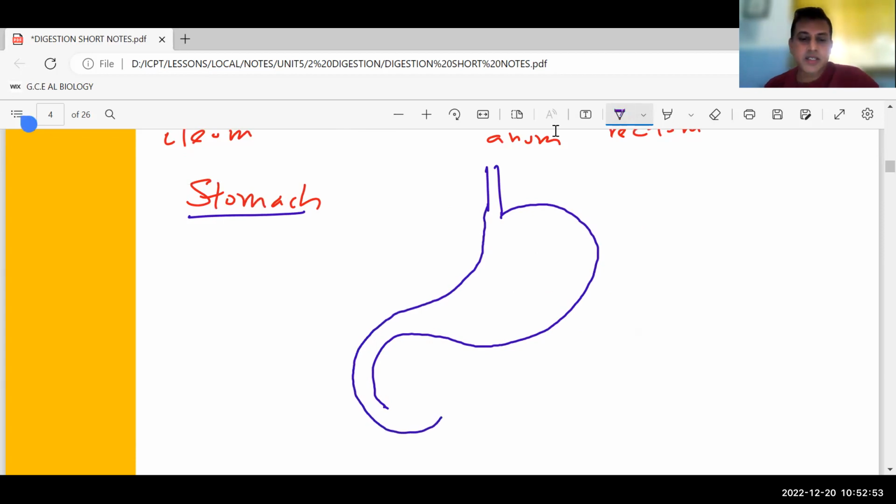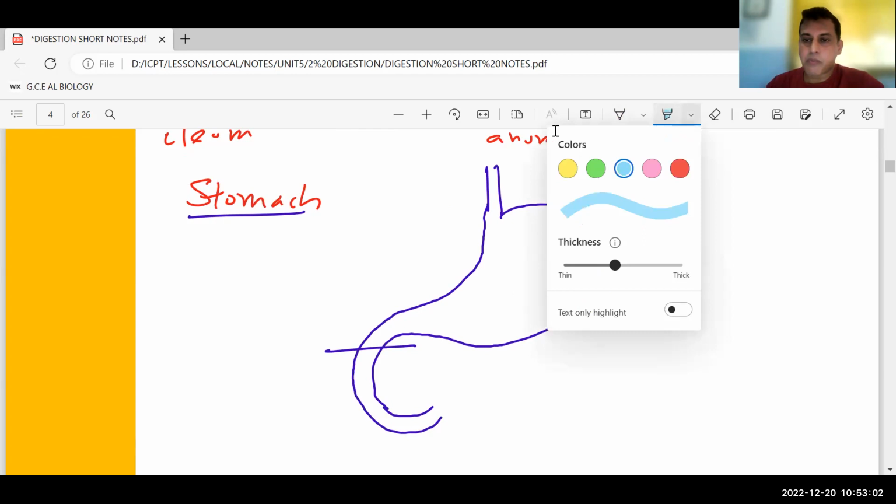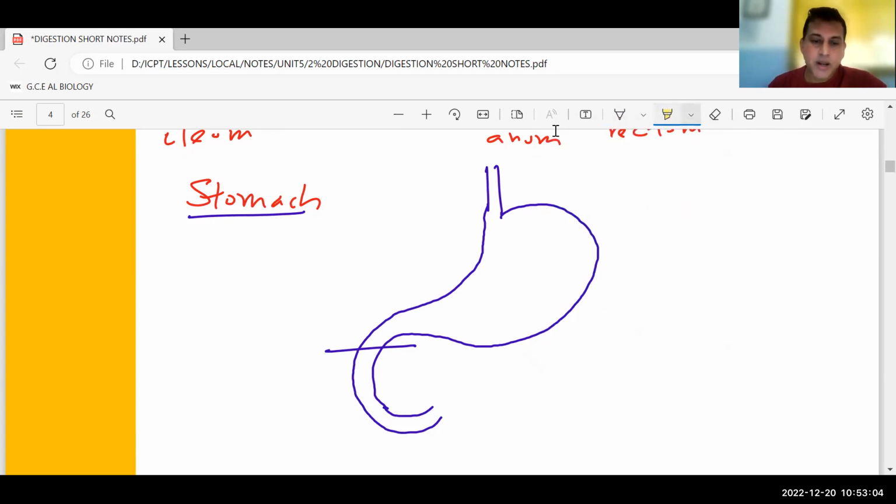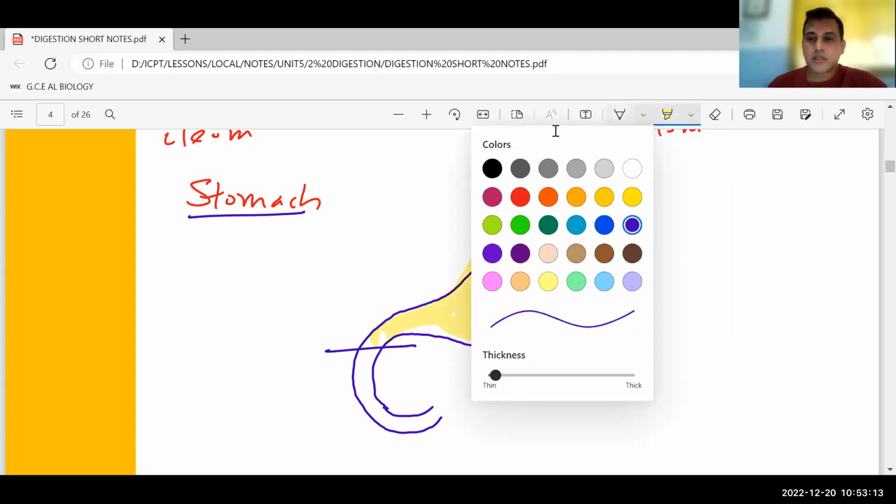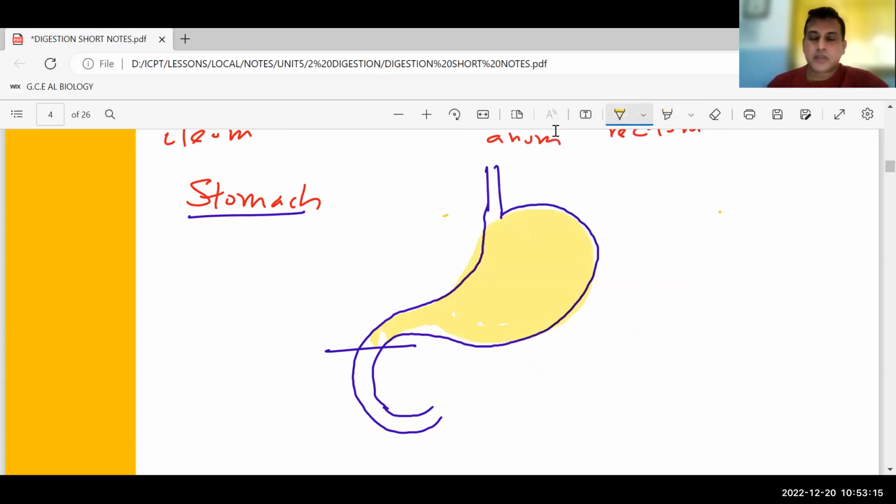This part is the duodenum, right? So only this part we can consider as a stomach. The start is the esophagus, end is the duodenum.